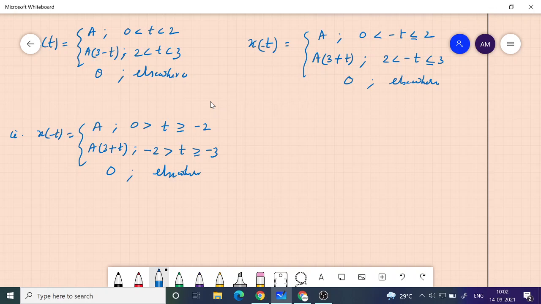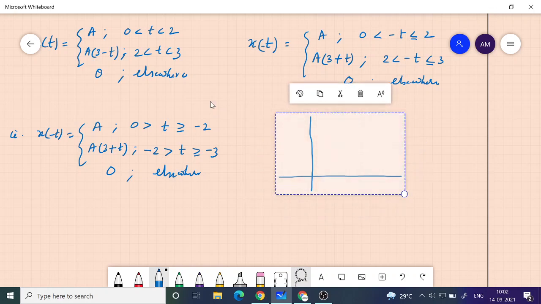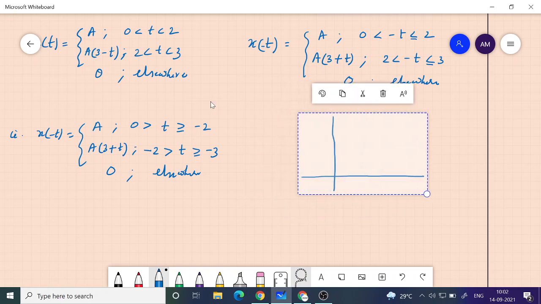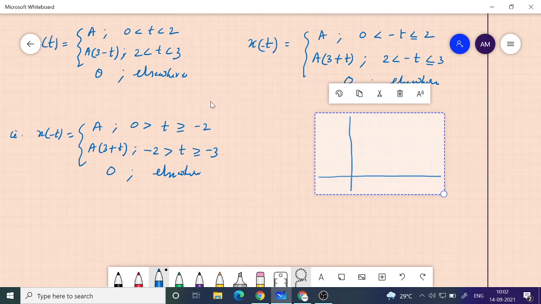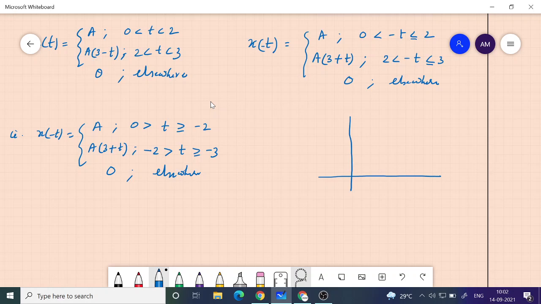Now it's possible to plot it. By looking at this expression, you can plot it. Maybe I should shift it a little bit, because I need to draw for the negative side, so I need to have some space here.